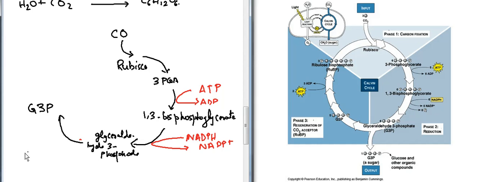So simply we are seeing that again in this process the regeneration of the carbon dioxide acceptor is formed, and that is your RuBP. That means again this compound will form ribulose bisphosphate.